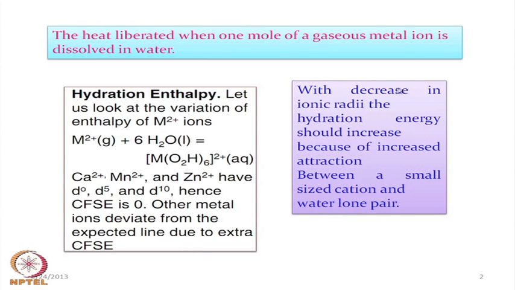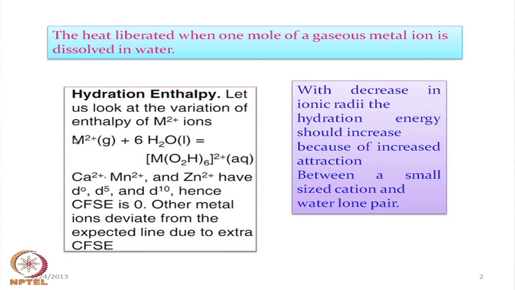So, what we see is that with the decrease in ionic radii, the hydration energy should increase, because of the increased attraction between a small cation and a water lone pair. The cation is very small because it is dipositive, and with the water lone pair we can have an interaction, because the water molecule faces with its negatively charged dipolar end, that is, the oxygen end, towards the metal center.